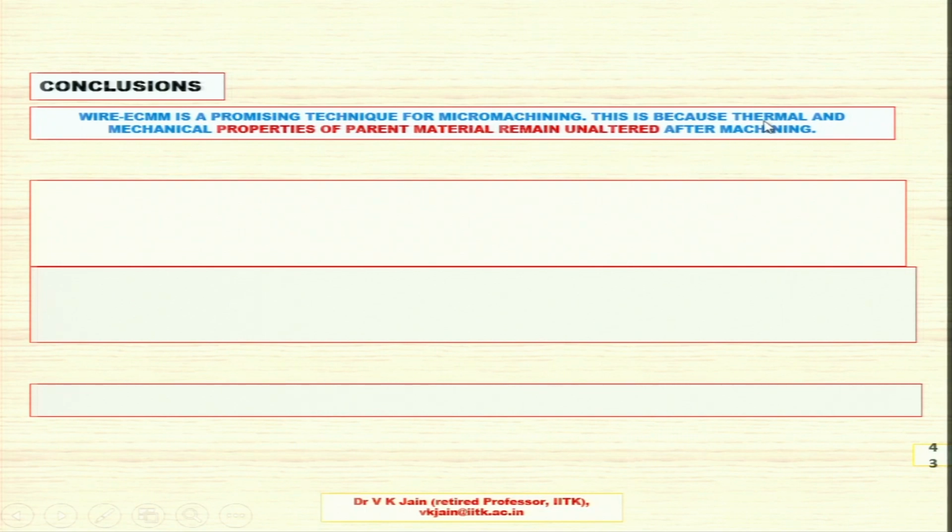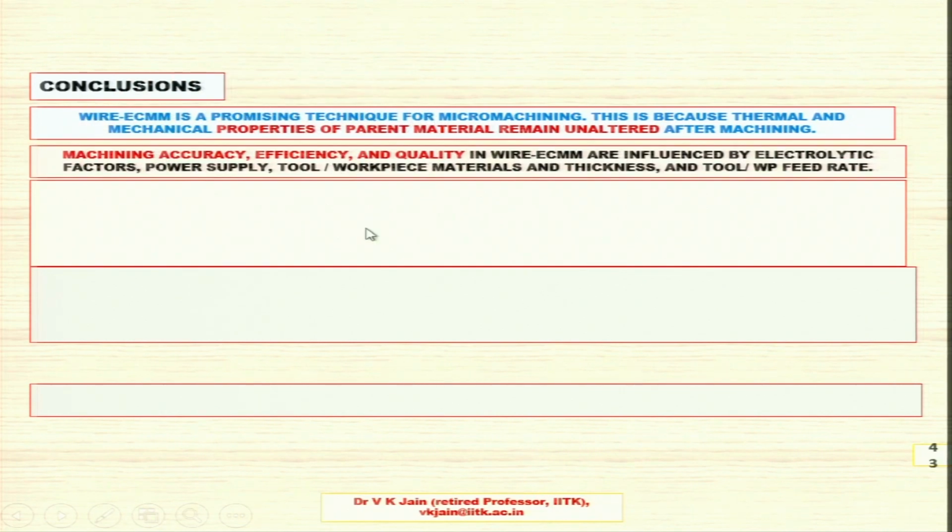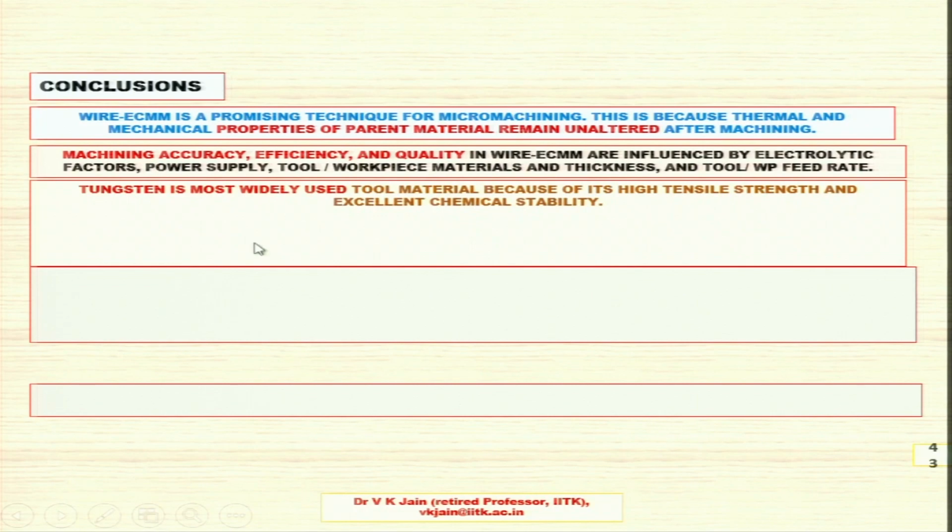So there is no thermal effect and no mechanical forces acting, so no mechanical effect on the machined component, which is contrary to other conventional and even non-conventional processes. Machining accuracy, efficiency and quality in wire ECMM are influenced by electrolytic factors, power supply, tool, workpiece material and thickness, and tool-workpiece feed rate. We have seen all these things.